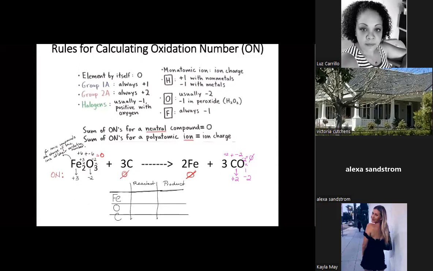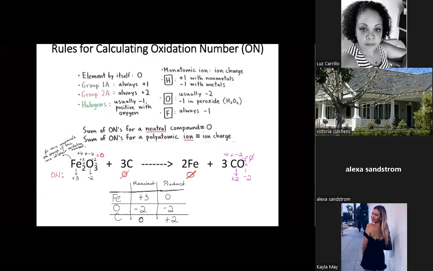Iron went from +3 in the reactant to 0 in the product. Oxygen was a -2, and in the product is a -2. Carbon was a 0, and now in the product is a +2.